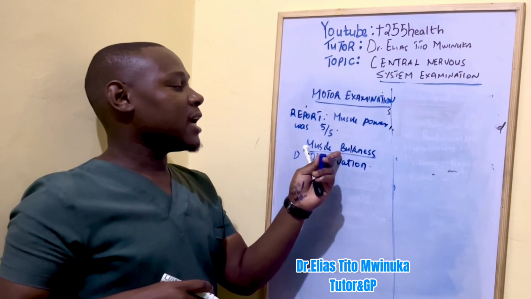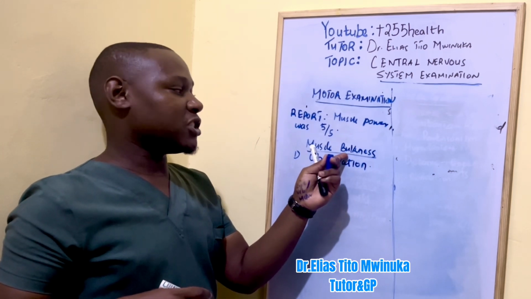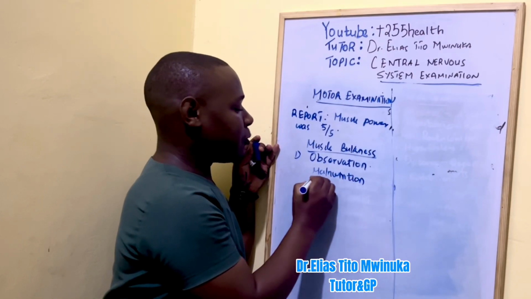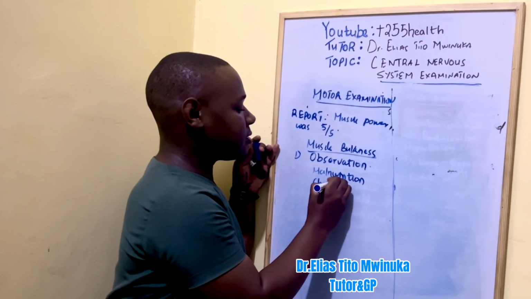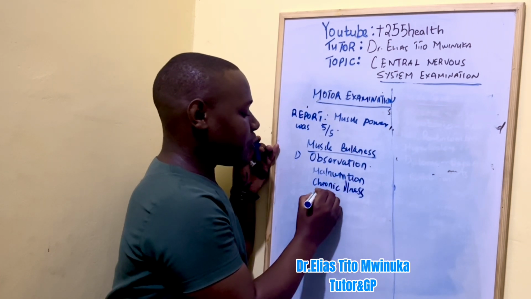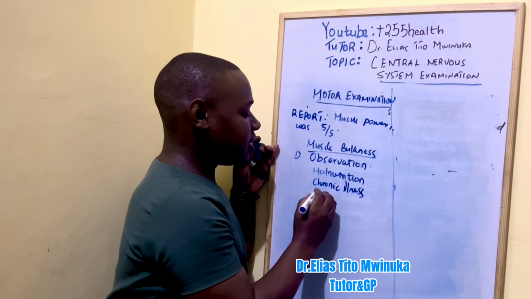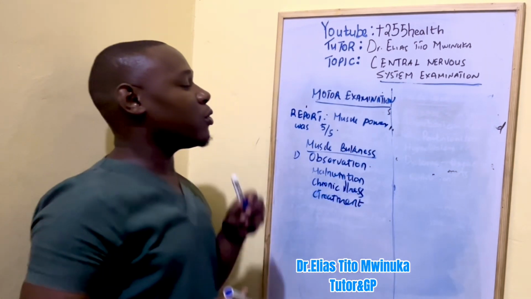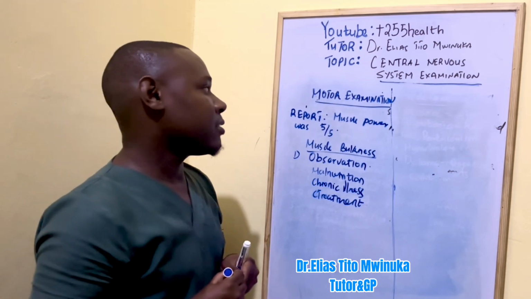So muscle bulkness is seen in those severe conditions, malnutrition, maybe someone who's having chronic illness, or maybe someone using a certain treatment. Someone who is on radiotherapy or on chemotherapy, you see.